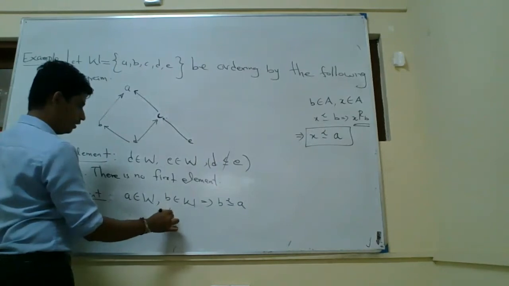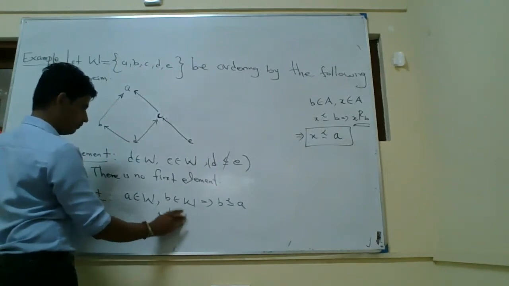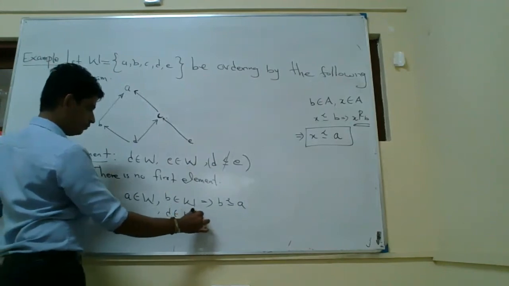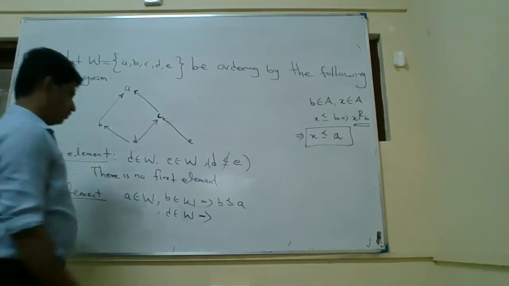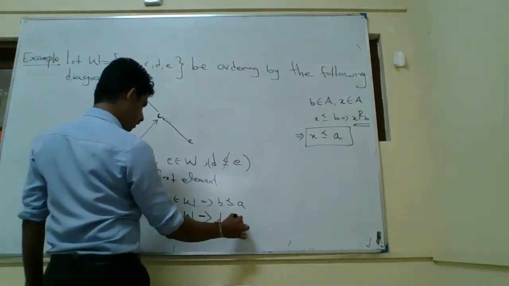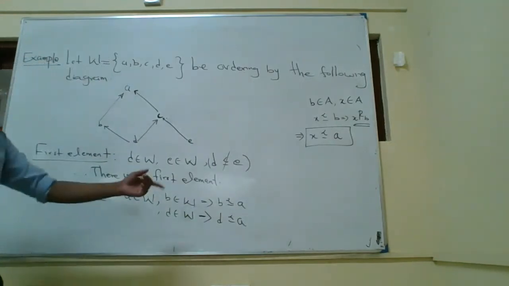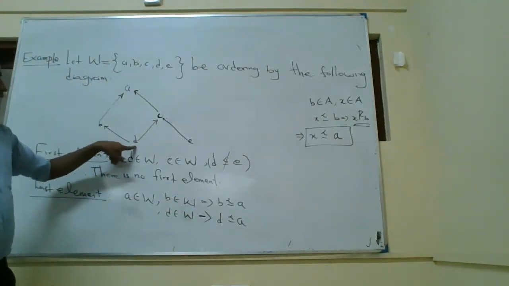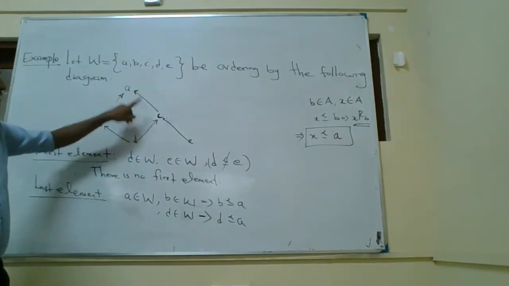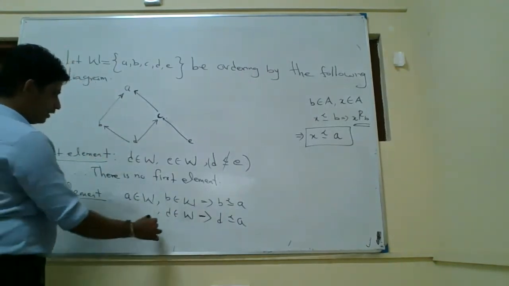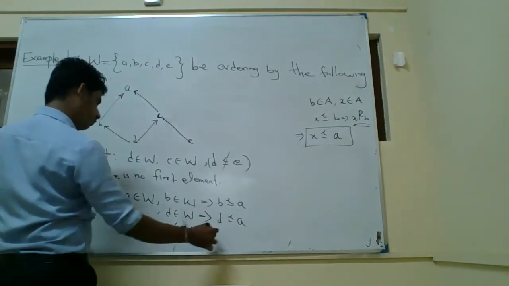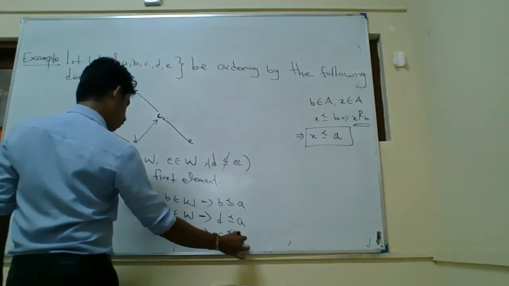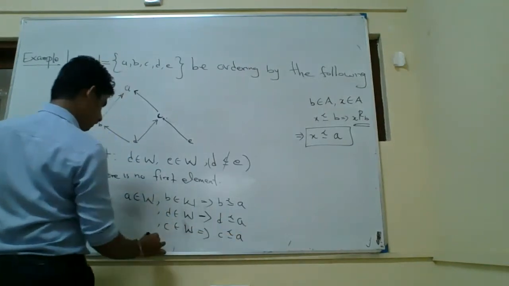B, okay, now D. D belongs to W. From this, D precedes A. Otherwise, A dominates D. Here D to C, C to A. They have a transitive D to A there. What else? C. C belongs to W, A belongs to W. Therefore, C precedes A, or A dominates C. What else?